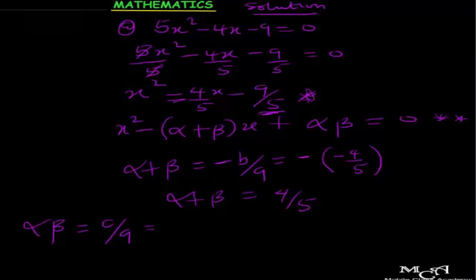Because that is your alpha beta, this is your product, and this is your product. So you equate them, and you have minus 9 over 5. So that is your alpha beta. So alpha beta is equal to minus 9 over 5. So that's all about that particular question. That is how you can look for the sum of roots and product of roots of a quadratic equation.